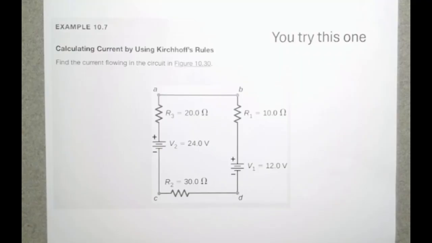The direction of the current affects what happens in the resistors, not what happens in the voltage. Minus 12 plus 10. The power supplies, those two voltages are going in opposite directions.